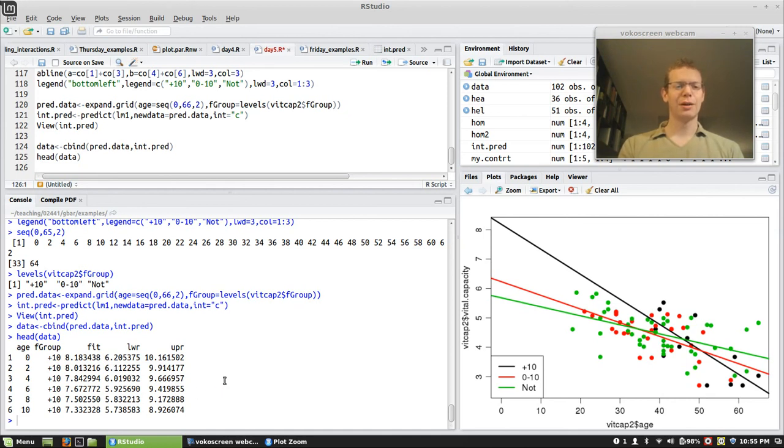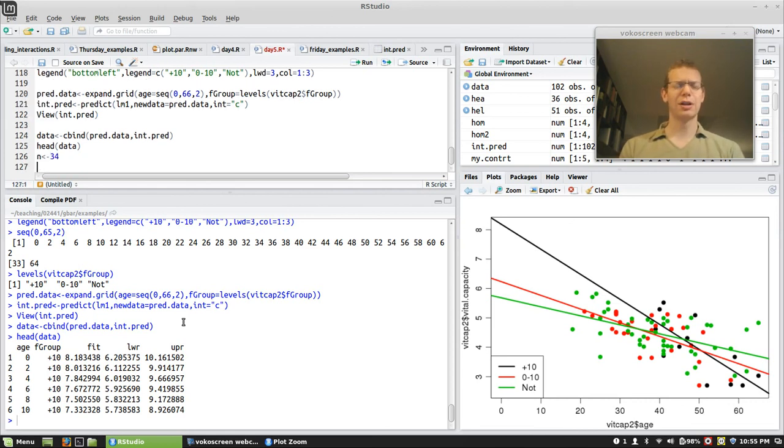Now the challenge is that we will first have, how many different ages did we do? 33, as I remember, 34. So n is 34 in this case. So basically what we need to do is to flip this around.